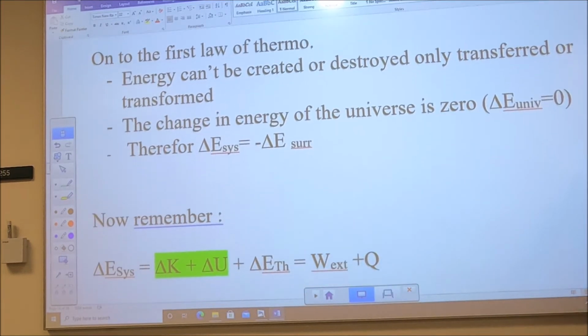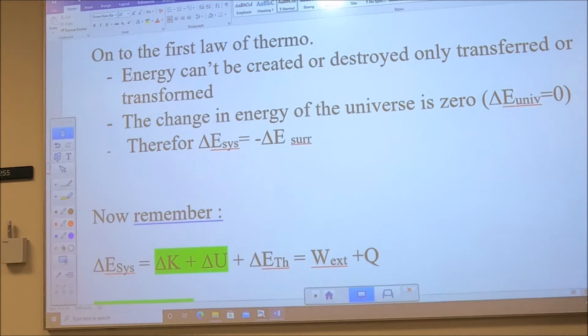Now, recapping the first law of thermodynamics. Energy cannot be created or destroyed, only transferred or transformed. That means the change in energy of the universe is 0. So any energy gained or lost by a system equals an opposite change in the energy of the surroundings.